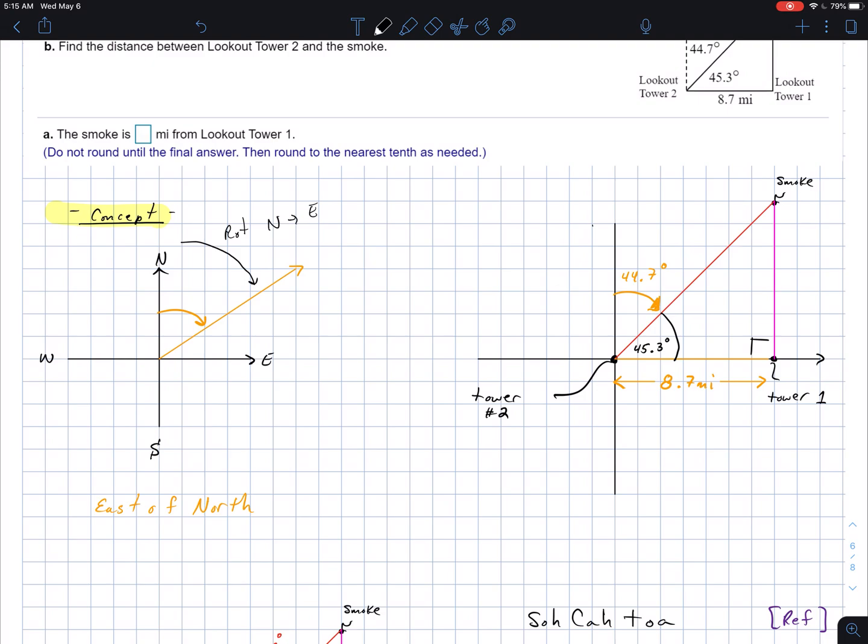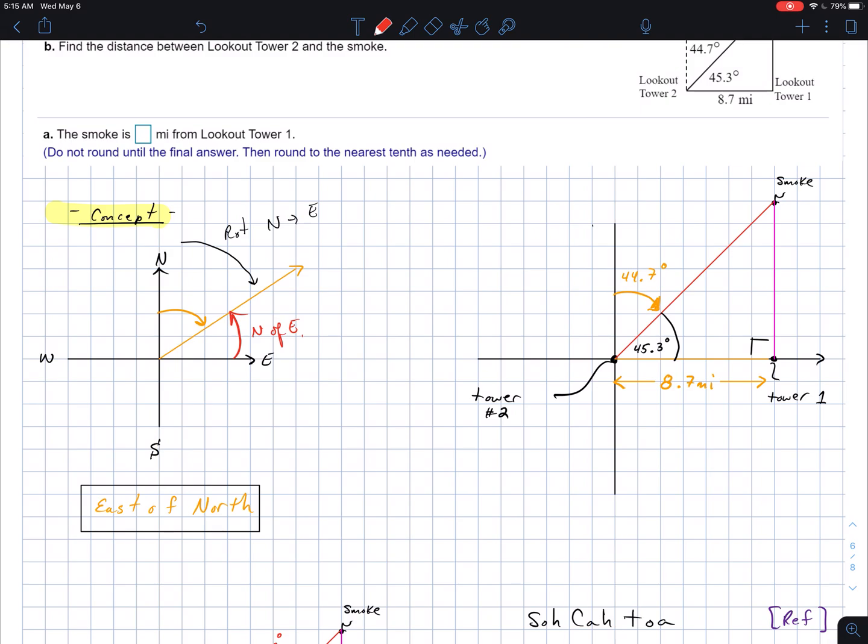It's moving from north to east, rotating. So if it's doing that, it's coming from the north, going to the east, therefore it's east of north, okay? If I wanted to say north of east, this would be north of east, okay? So that's the basic concept.